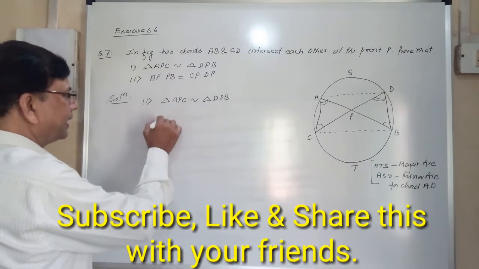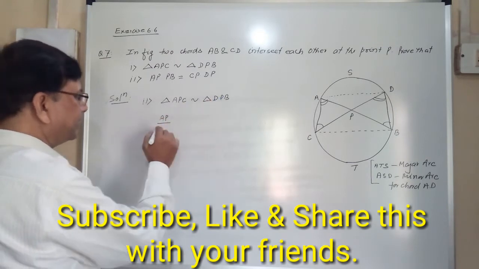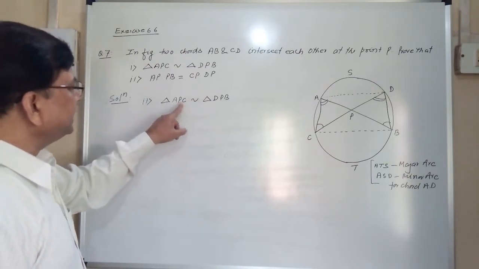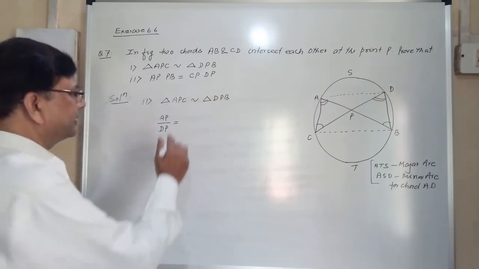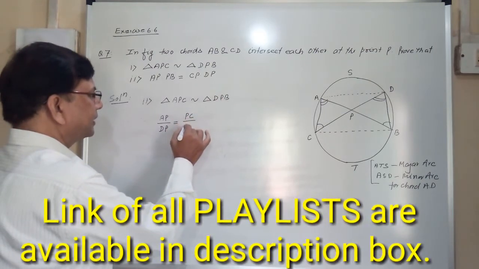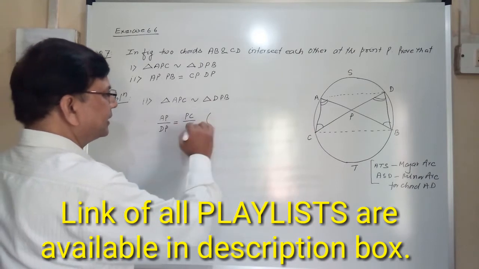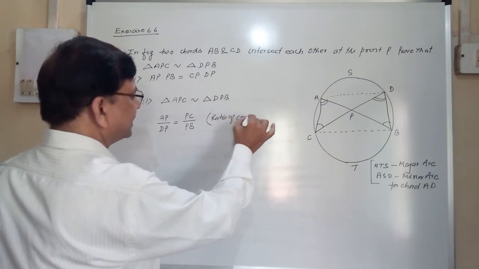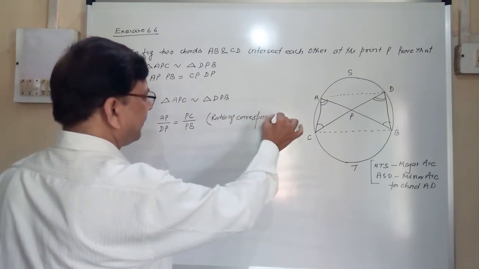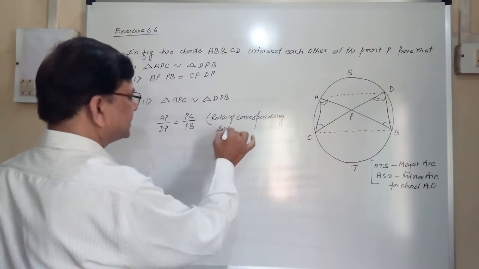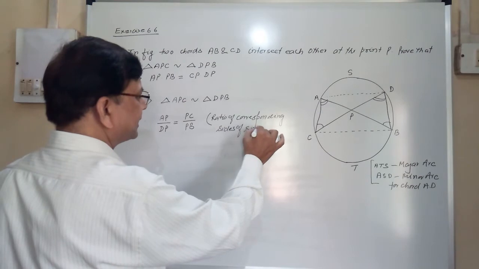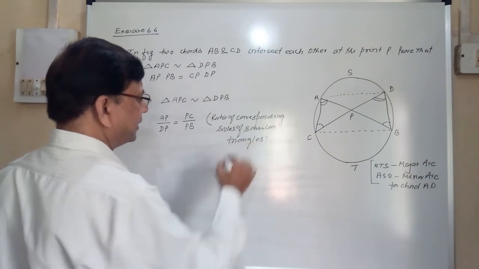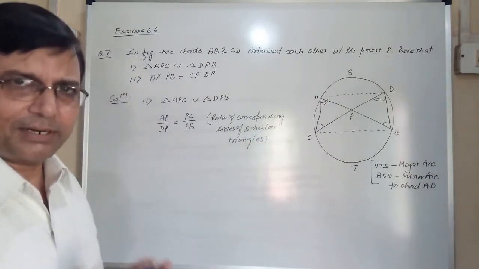Therefore, AP upon DP is equal to, for PC, PC corresponds to PB, isn't it? Is equal to PC upon PB, right? The ratio of corresponding sides of similar triangles will be equal.